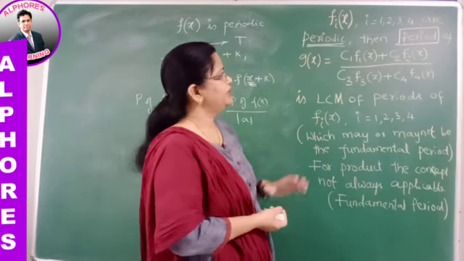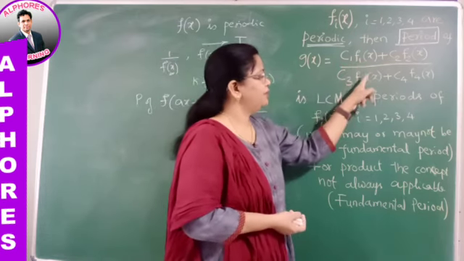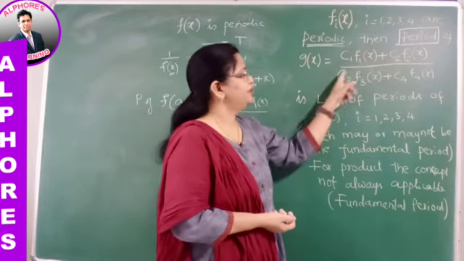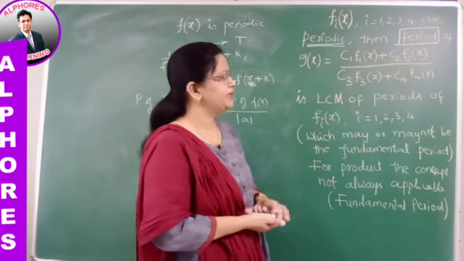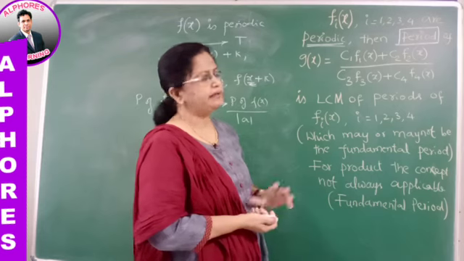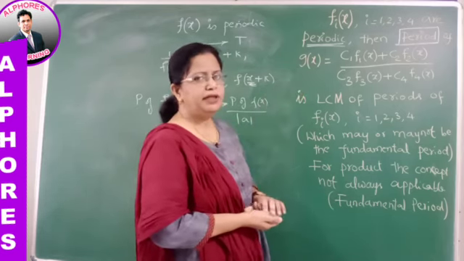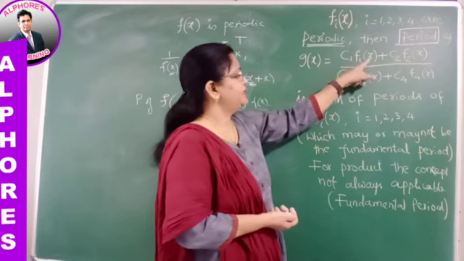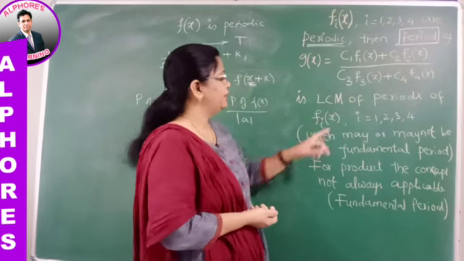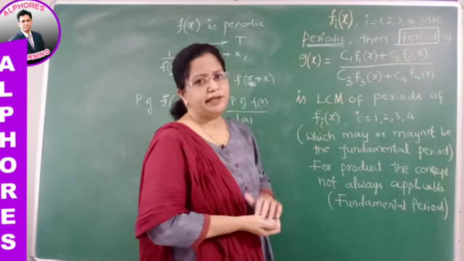So, students, if these conditions are applicable, that means each of these f i must have a period, and at the same time C1, C2, C3, C4 are real constants and the denominator is not equal to 0. Under these conditions, if you want to define the period of g of x, you have to consider individually the period of each function, then just take the LCM.